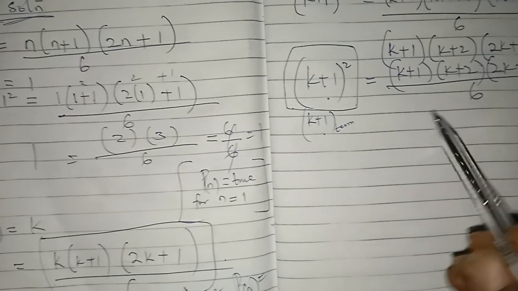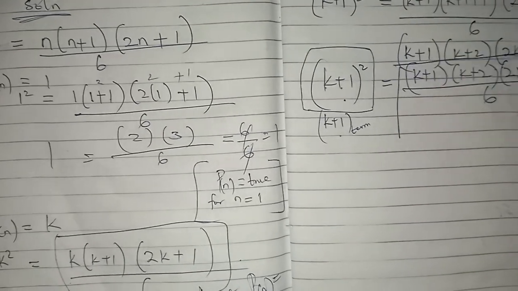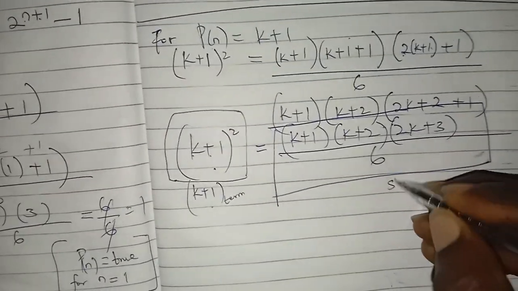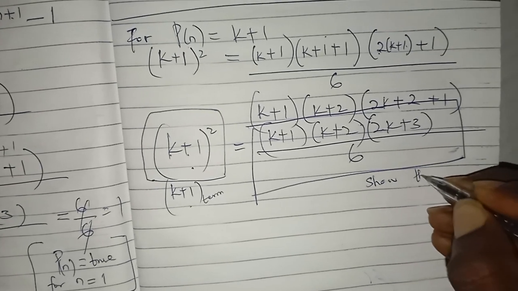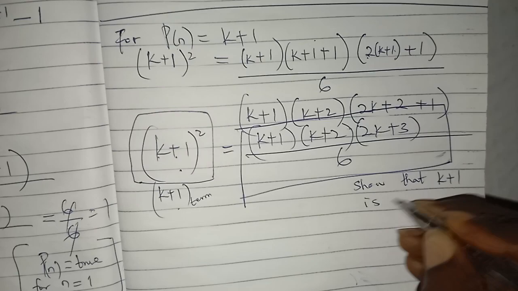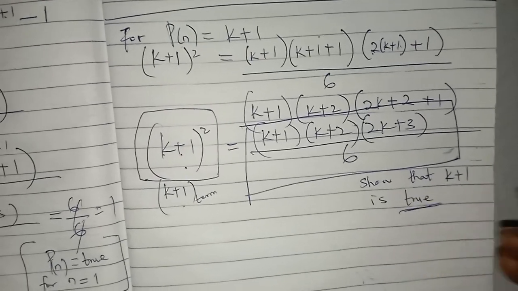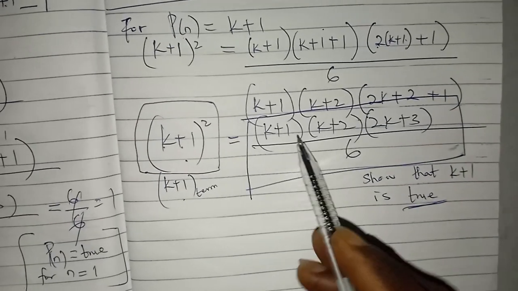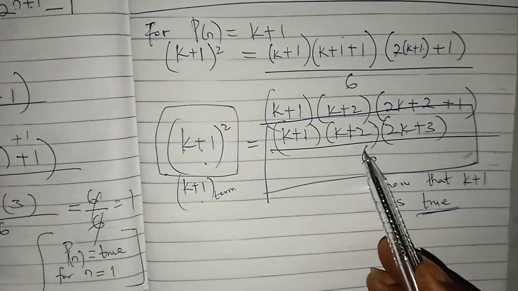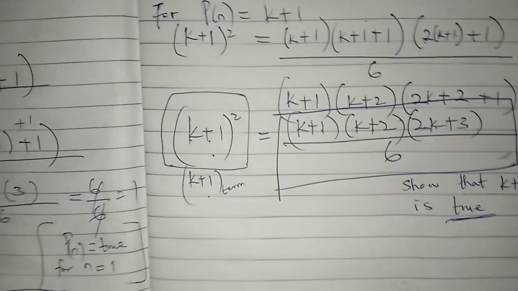So this thing that I have here is what I'm proving. So I will simply say, show that k plus 1 is true. So this thing, k plus 1, k plus 2, 2k plus 3 over 6. That is what I'm proving.